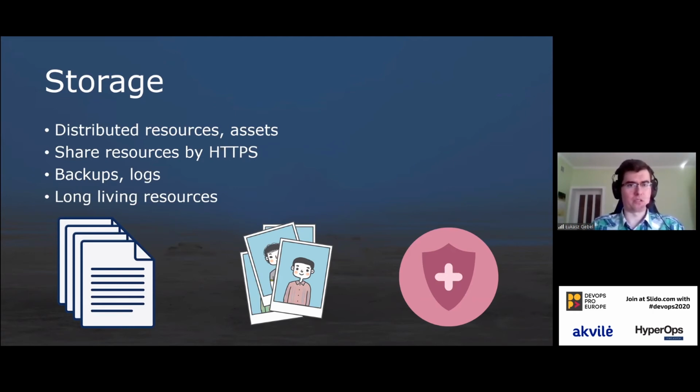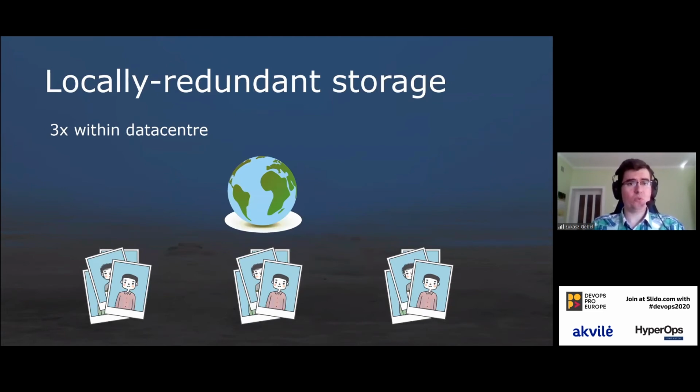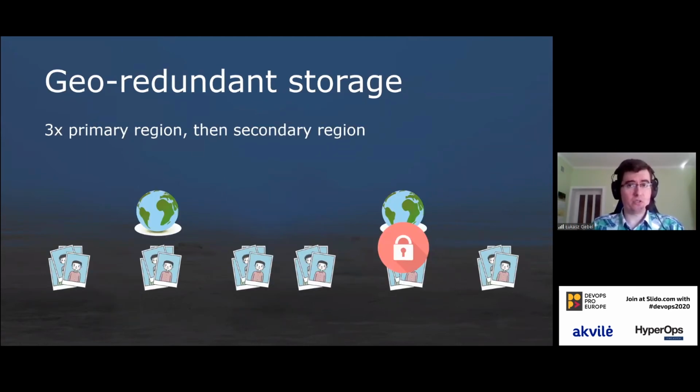The simplest one is locally redundant storage, which means you will get only 3 copies within one data center that you choose, one region. If you need to increase the availability of your data in case of failure, you can go for geo-redundant storage. So we get 3 copies in your primary region and then in the secondary region, but there is a trick.